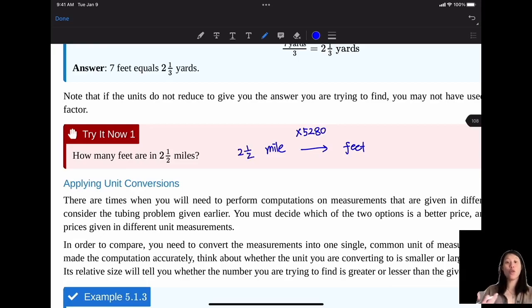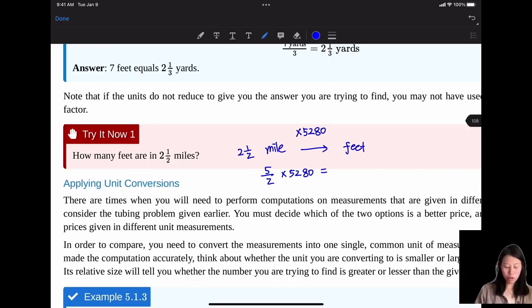How many miles are in here? 2.5. First of all, you want to convert 2.5 into a proper fraction, which is 5/2. So now we use 5/2 times the conversion factor. Let me do this very quickly on my calculator.